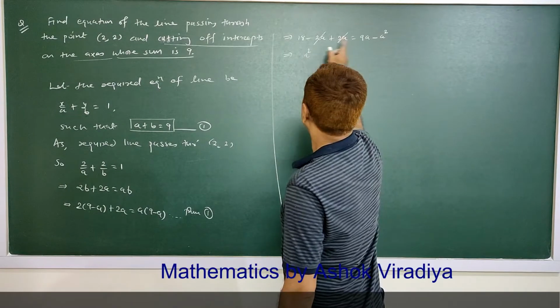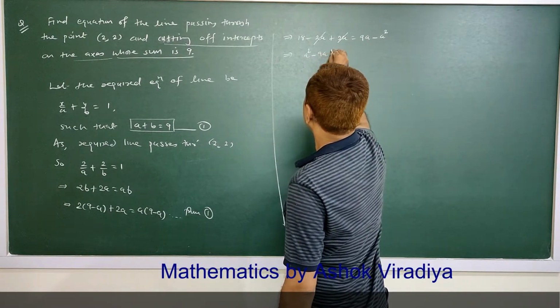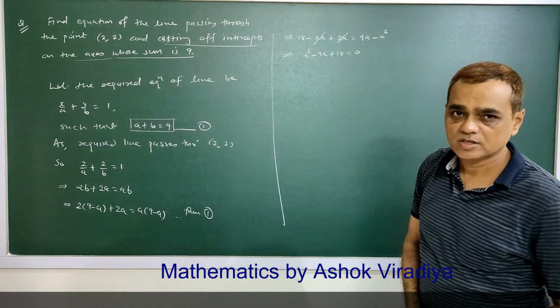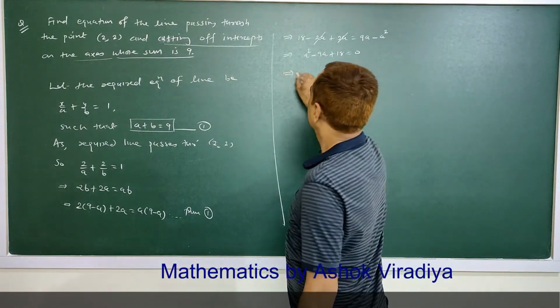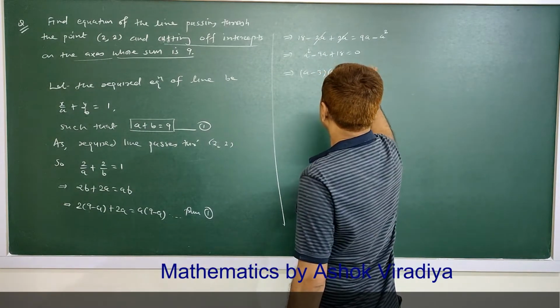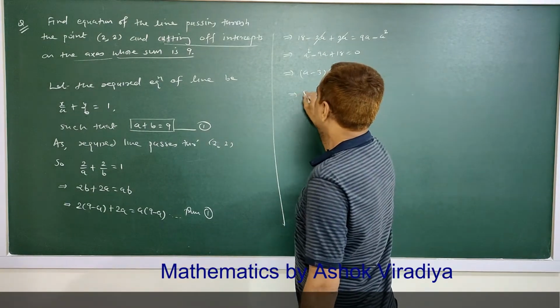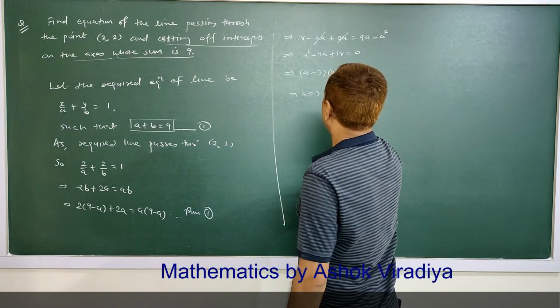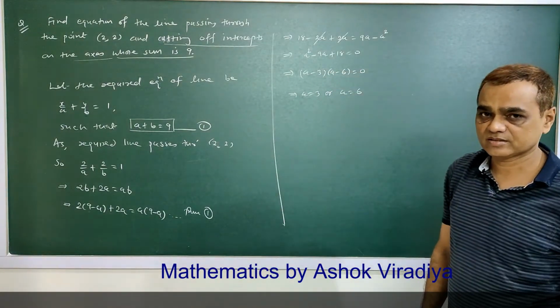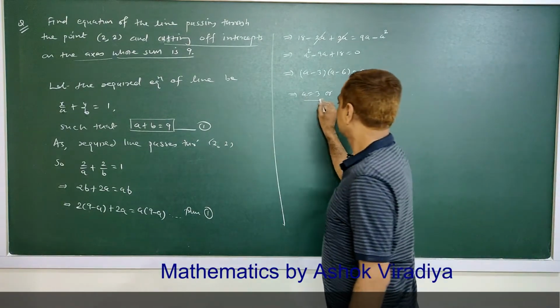So a square minus 9a plus 18 is 0. That means (a minus 3)(a minus 6) is 0. So a is 3 or a is 6. There are two possibilities.